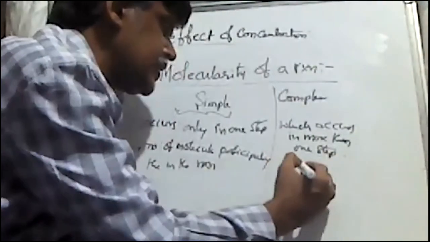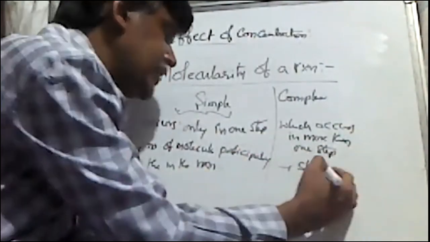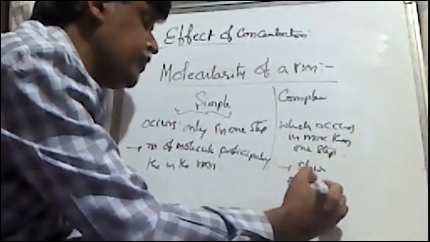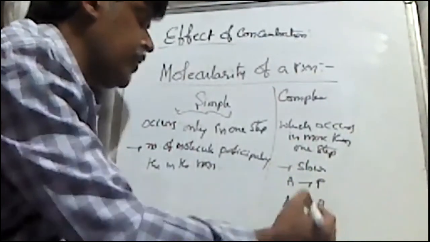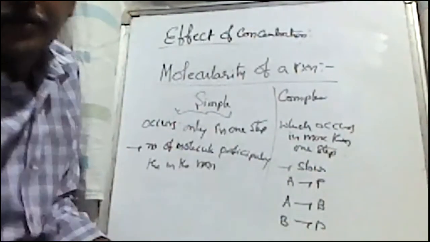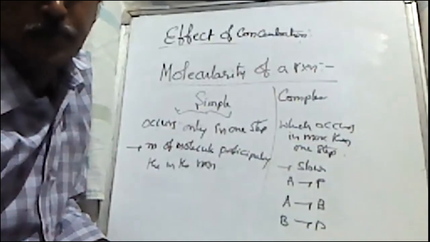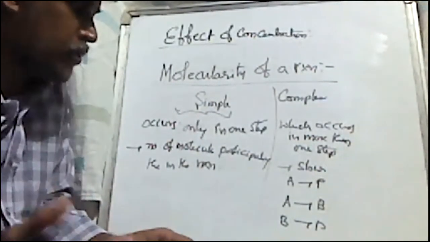One of the steps is a slow step. For example, A to P is one reaction. A to B, forming one intermediate, and B is transformed to products.